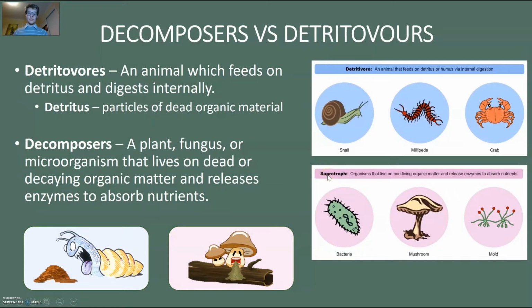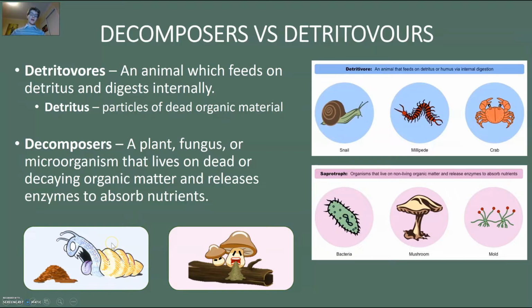To understand decomposers and detritivores and the difference between them: a decomposer is a plant or a fungus or a microorganism that lives on decaying organic matter, just like detritivores, but the way they digest this decaying organic matter is they have to secrete enzymes outside their body to decay it outside their body, and then they ingest the nutrients.